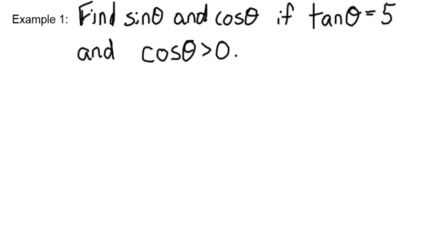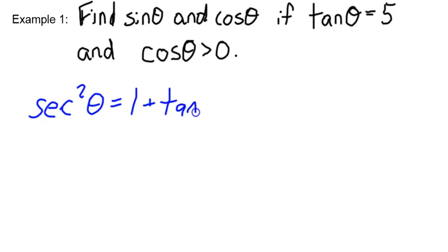And using trig identities, you have to be very creative when trying to solve these problems. So I'm going to use one of the Pythagorean identities. Secant squared theta is equal to 1 plus tangent squared theta. The reason I'm going to use that, we know what our tangent value is.